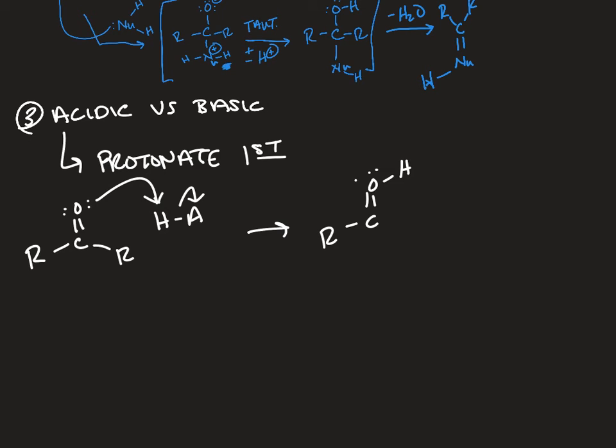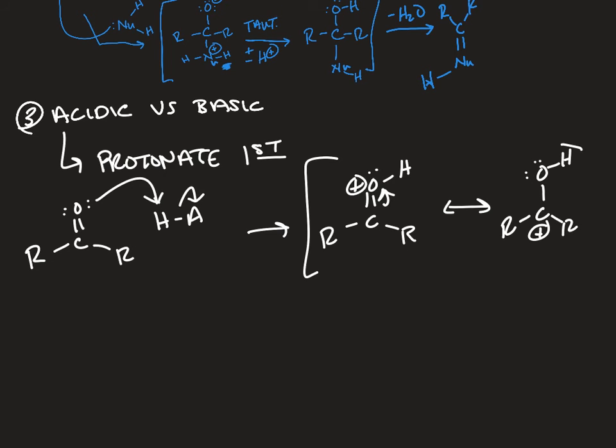And the reason for that is now when you draw the resonance structure of the protonated carbonyl, that oxygen is neutral. We only have that single charge rather than the double split charge that we saw earlier in the resonance structure. So this is just increasing the reactivity of that carbonyl.